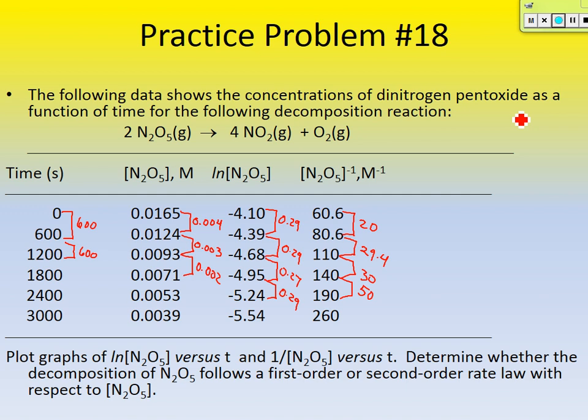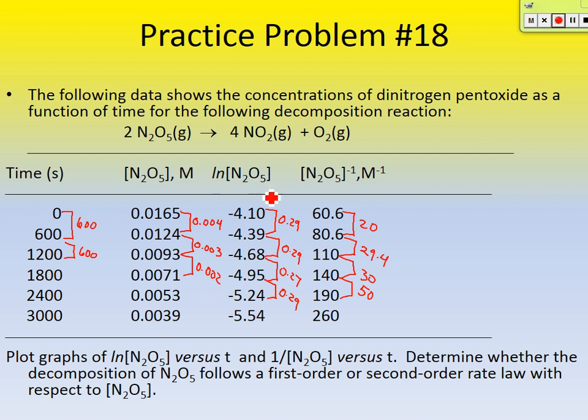Okay, so hopefully at this point you have your intervals filled in. And let's look at it. Time is always increasing by 600 seconds. We noticed that with just the molarity, it was changing. So we stopped. It was 0.004, went down to 0.003. So if we plotted these two, it would give you a curved line because this one's changing.